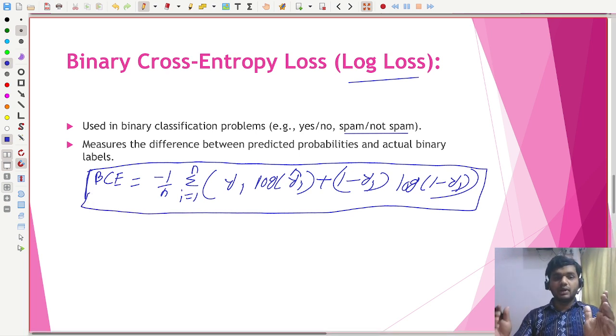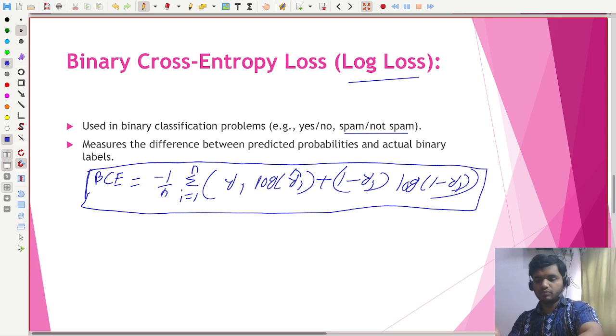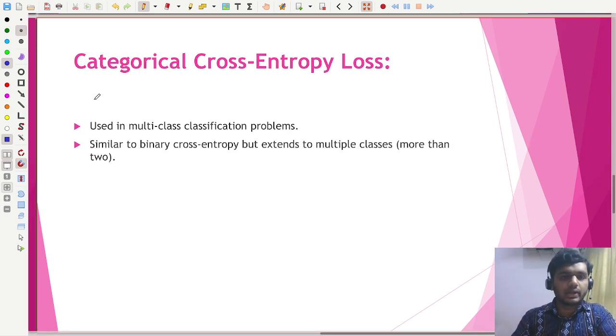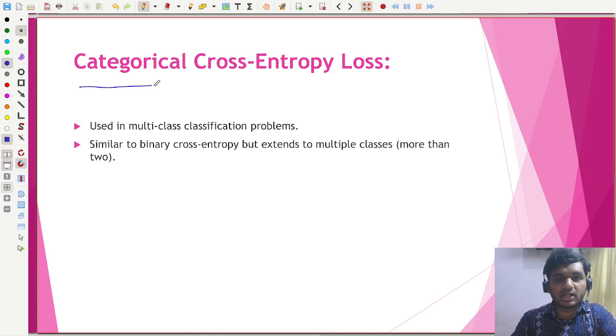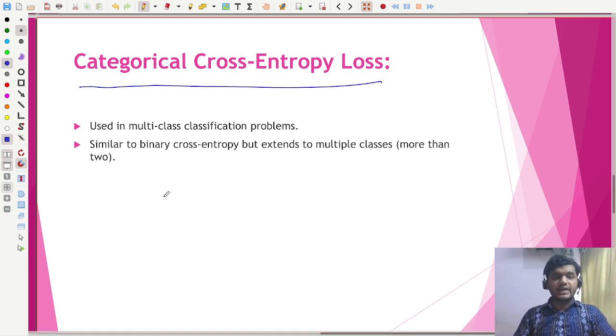For multi-class classification problems, we will discuss categorical cross entropy loss. It is similar to binary cross entropy, but extended to multiple classes, that is more than two.